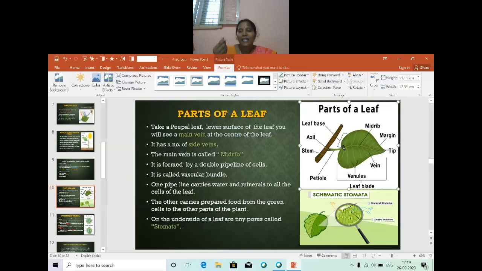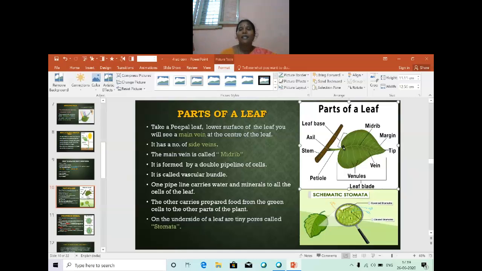Petiole means the small stem by which the leaf is attached to the stem. This leaf petiole attaches to the stem, and this particular point where the stem and petiole meet is called the axil.